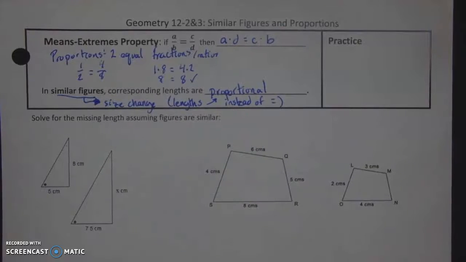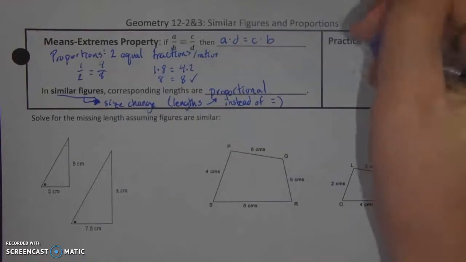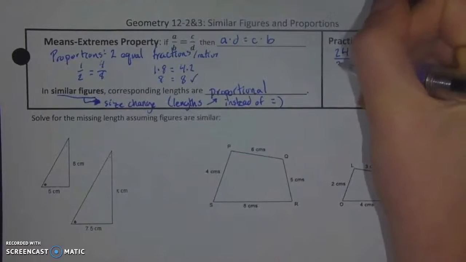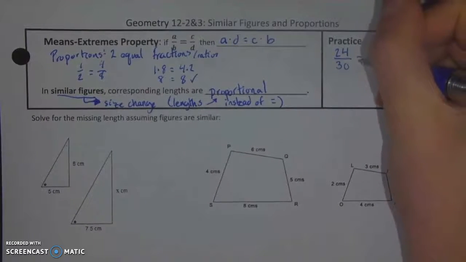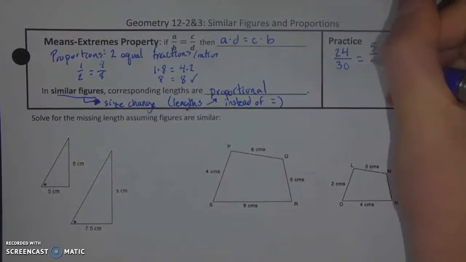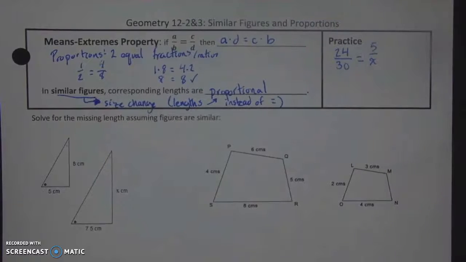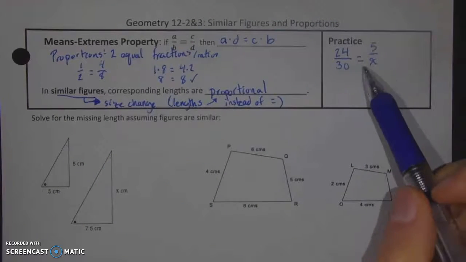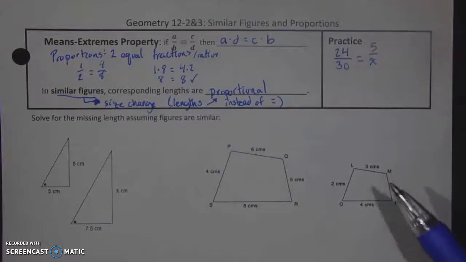So if we want to practice with the means extremes property, this is where you're most often going to use it. You're going to set up these ratios and with them solve for a missing variable. So for instance, if I gave you this proportion, 24 to 30 is the same as 5 to what?